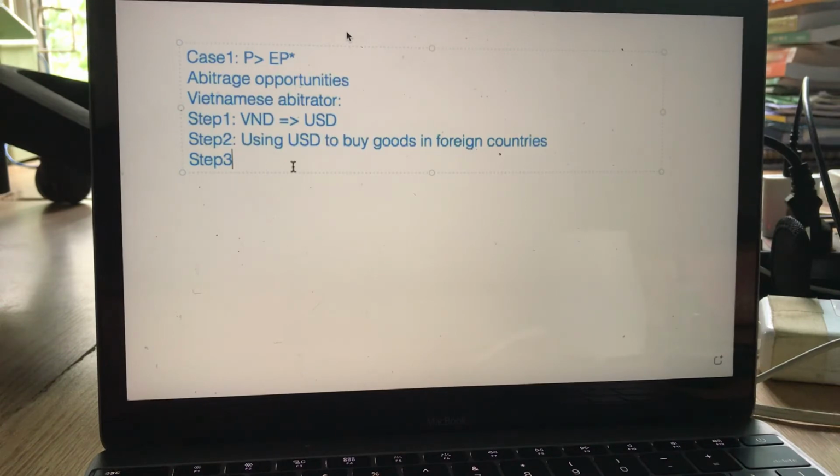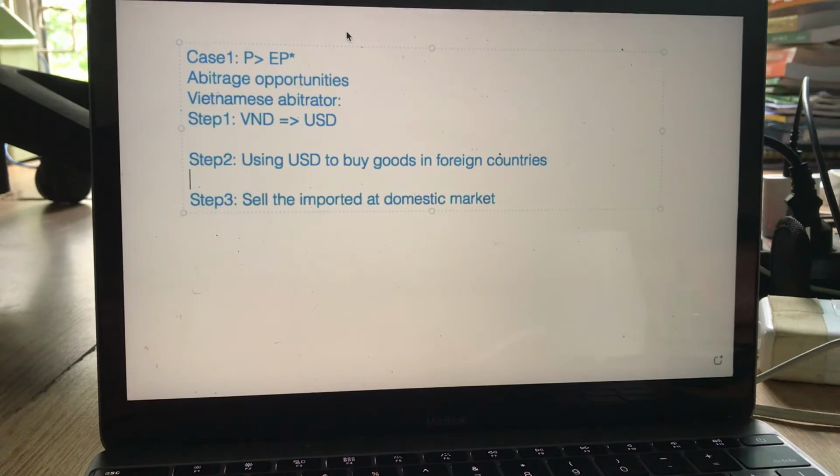And in step three, sell the imported goods at the domestic market. Okay, that is the process for the arbitrator.